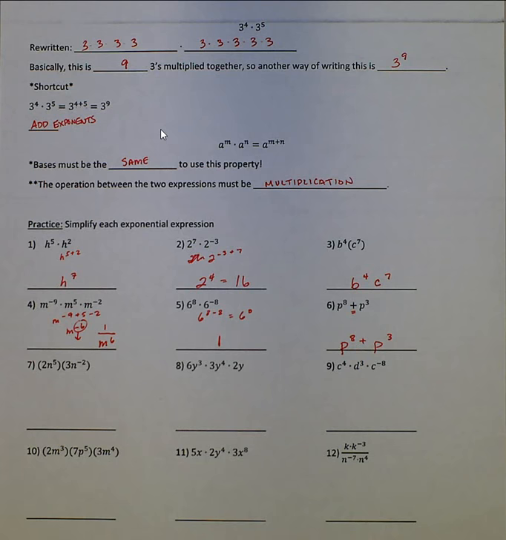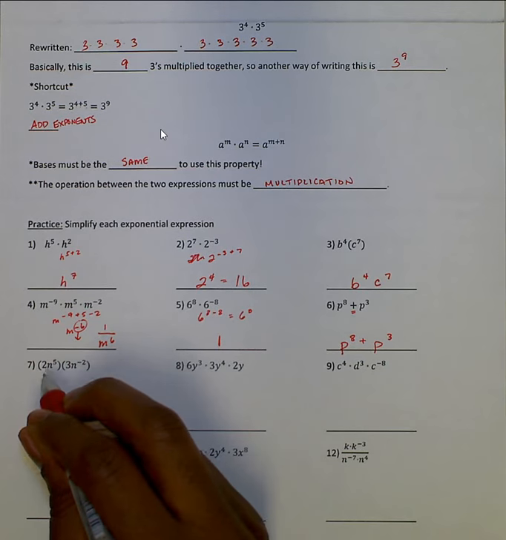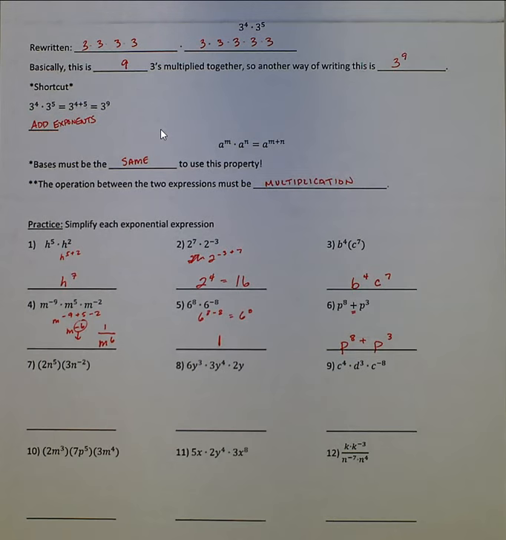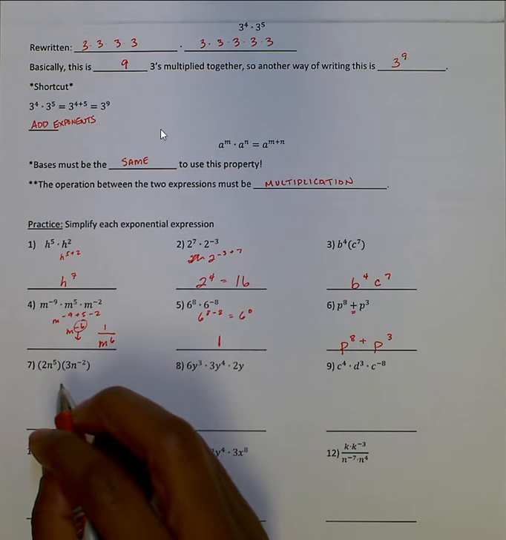Alright, let's step up the complexity just a little bit here. In number 7, we have 2x to the 5th times 3x to the negative 2nd. Here what I want you to do, just like we did when we were multiplying scientific notation, is group this in a way that's going to be beneficial for us.